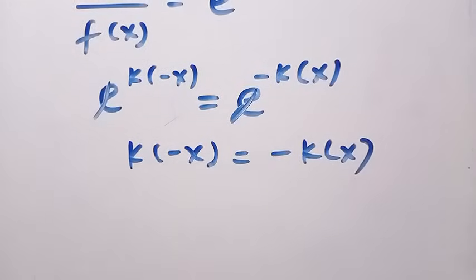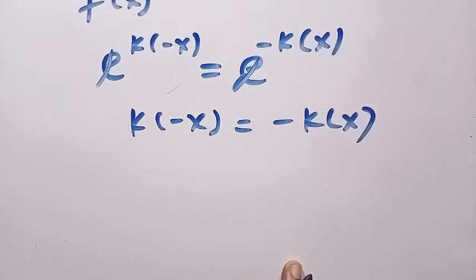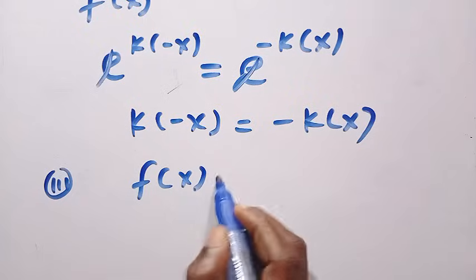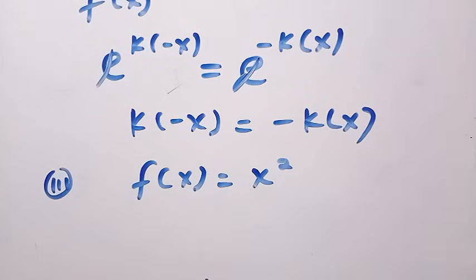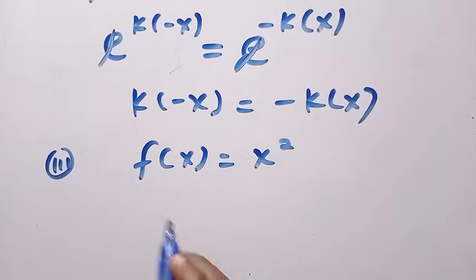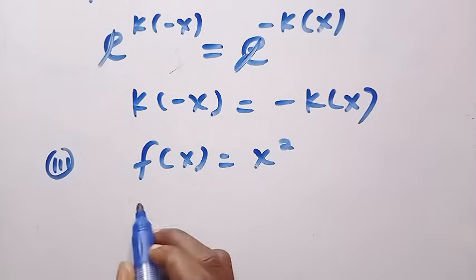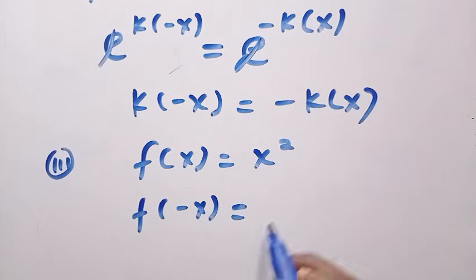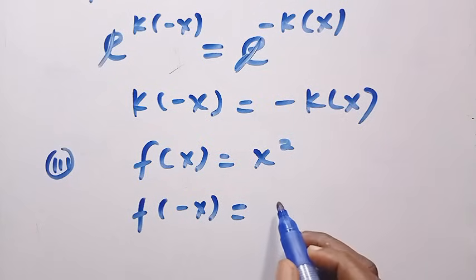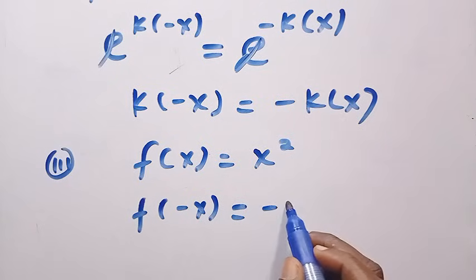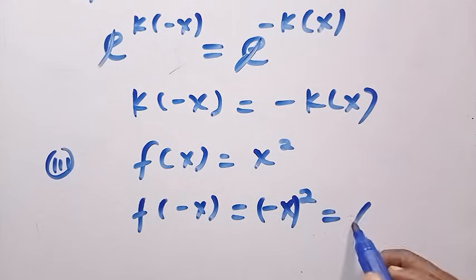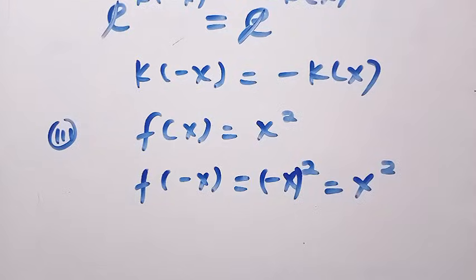And does this work for any other functions? Let's say we have f of x equal to x squared, a quadratic function. This does not work for this. Why? Because if we have f of minus x, this is going to give us minus x squared, and this also equals x squared, right?